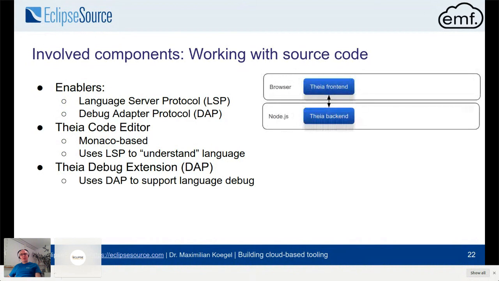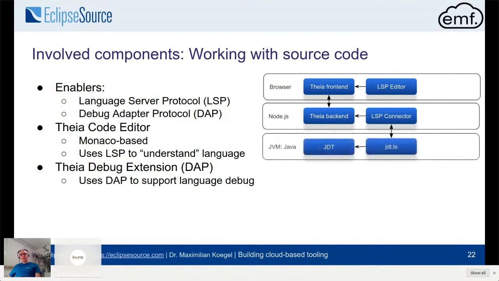And if we look at that from a component view, again, like before, we have the Theia front end and back end. In the Theia front end, we have the LSP editor, which is just an out-of-the-box component because it's generic. In the back end, we have an LSP connector, also generic. And then this LSP connector, in this case for Java, will launch a Java LSP server.